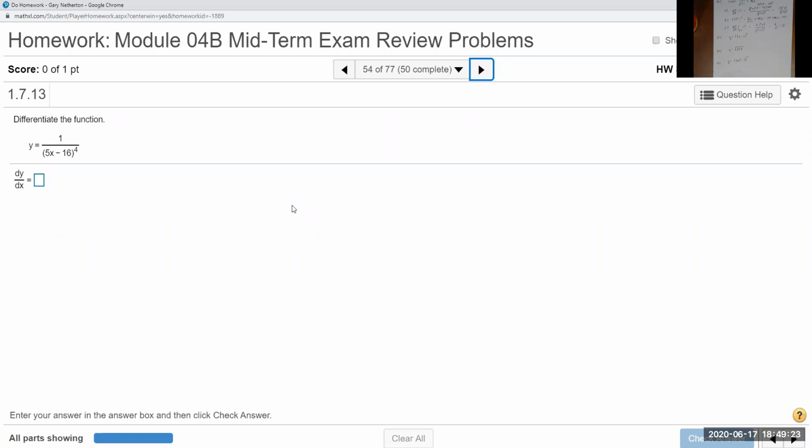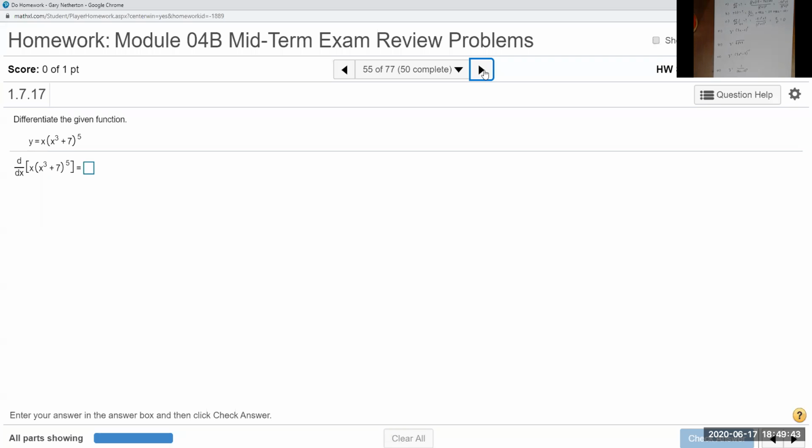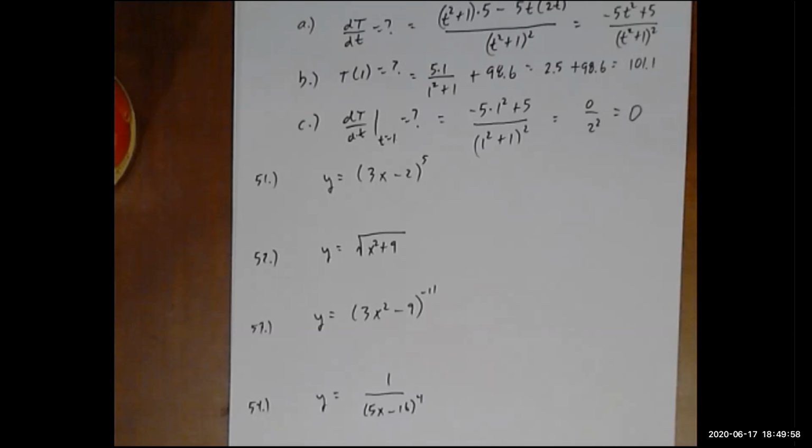Here's actually another chain rule one. Y equals 1 over 5x minus 16 raised to the 4th power. I wonder if we're about out. Yeah, this is chain rule, but with the product rule. So, all right, I'm going to go back to that first one, and I'm going to work all these out, and then we'll enter the answers and see, hopefully.